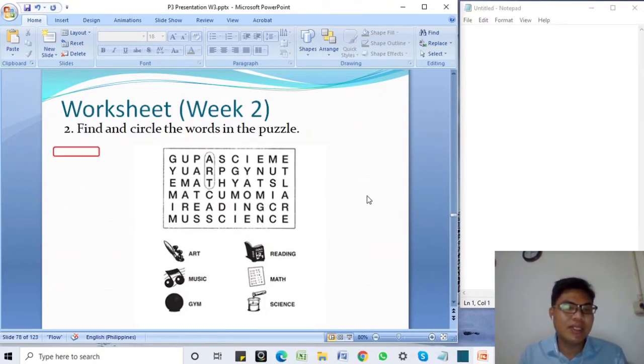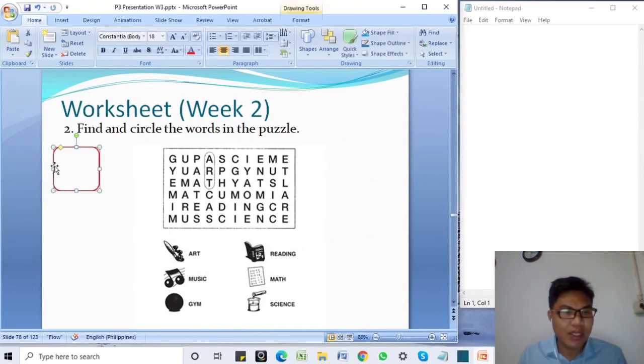And for the next worksheet for week 2, you have to find and encircle the words in the puzzle. This is the puzzle and you have to look for these words, 1, 2, 3, 4, 5, 6. You have to look for these 6 words in the puzzle. I have already given you an example.